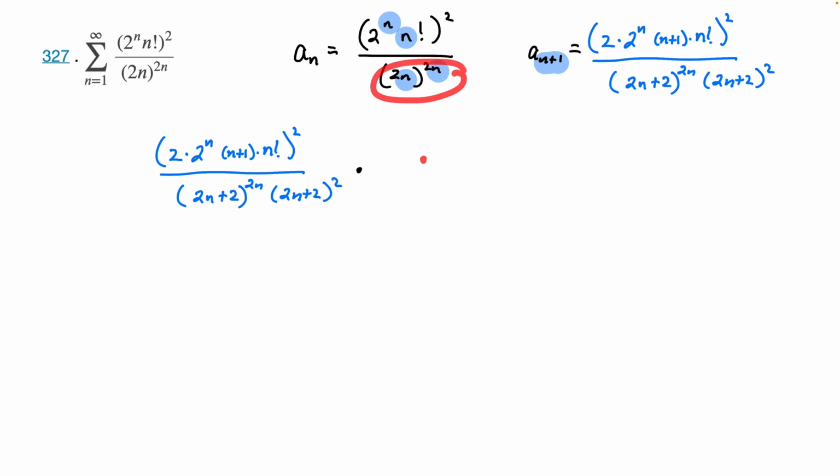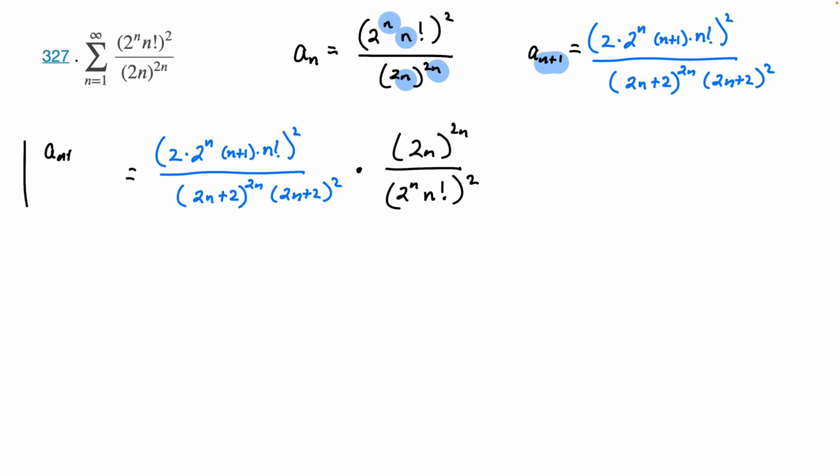So this we'll put in the numerator, and the numerator we'll write as a denominator. And then this is the absolute value of the next term over the current term. Again, we don't have to worry about the absolutes because these are all positive valued.